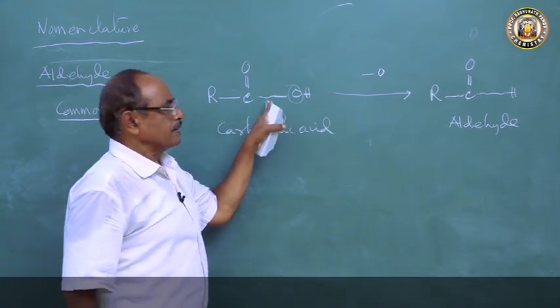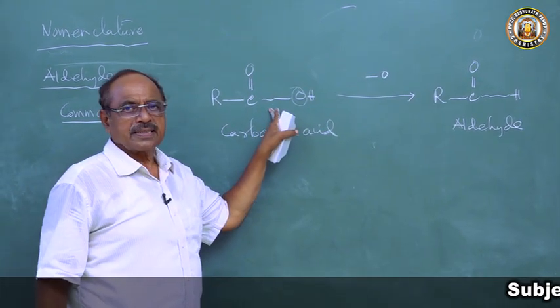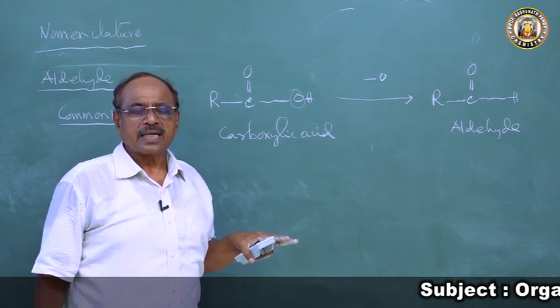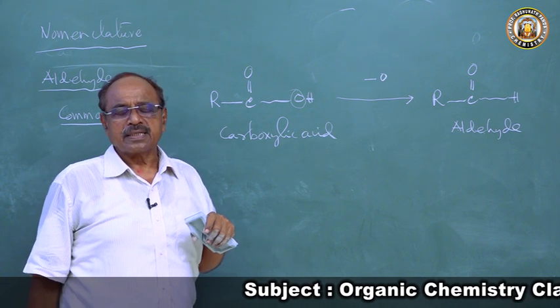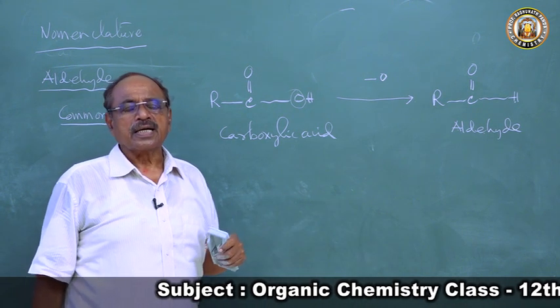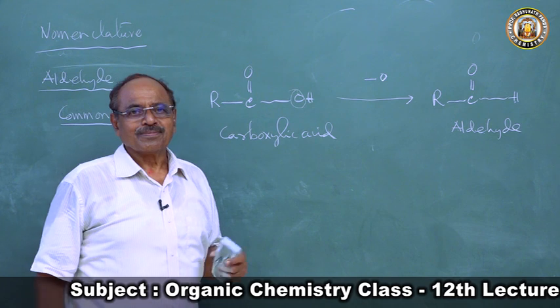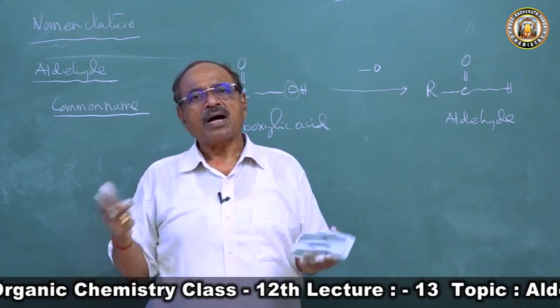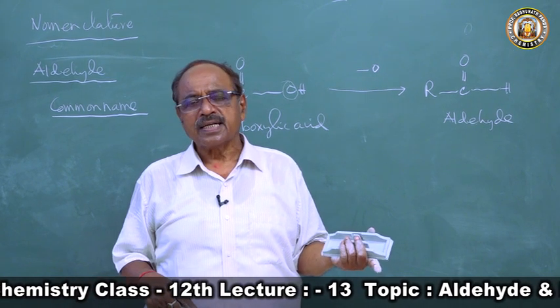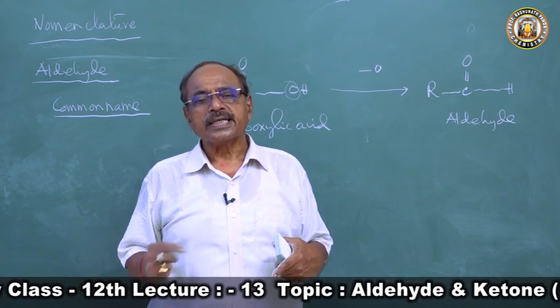An aldehyde is a reduced product of the carboxylic acid. Hence, aldehydes are named after the carboxylic acid of which they are the reduced product. Very simple.